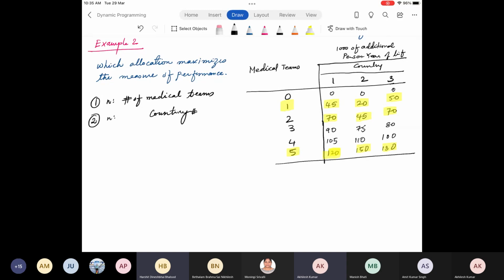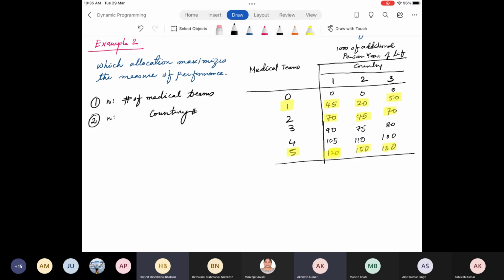You realize that these are not sequential decisions, but we can think of it as a sequence of decisions, that first I will make a decision for country 1, then country 2, and then country 3. Does that make sense? Because I will be doing the optimal decision making, so the optimal path it will follow will be like that only.